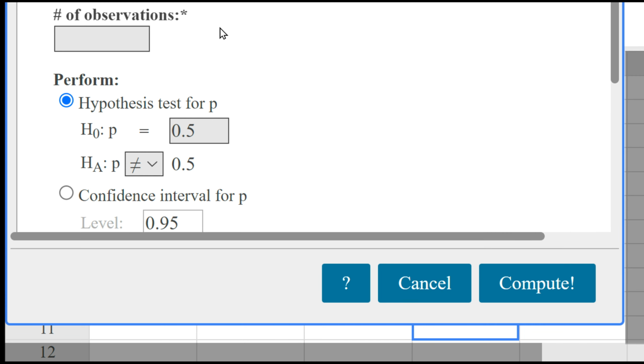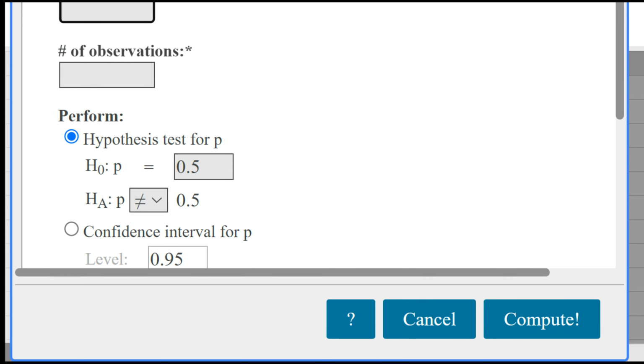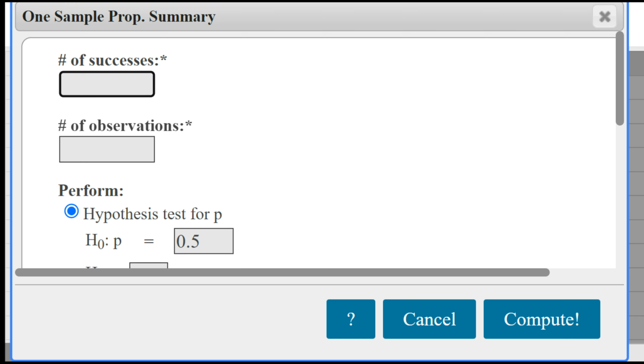I click the button. Now, here they want to know about number of successes and number of total observations. Well, what was a success in this case? It was finding a blue candy. We found that 25% of them were blue. 25 out of 100. 25 divided by 100 is 25%.